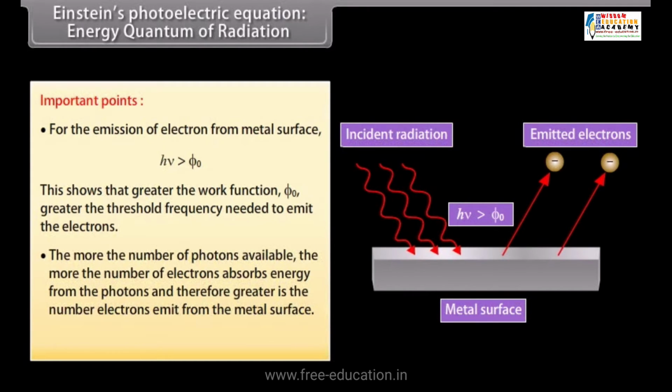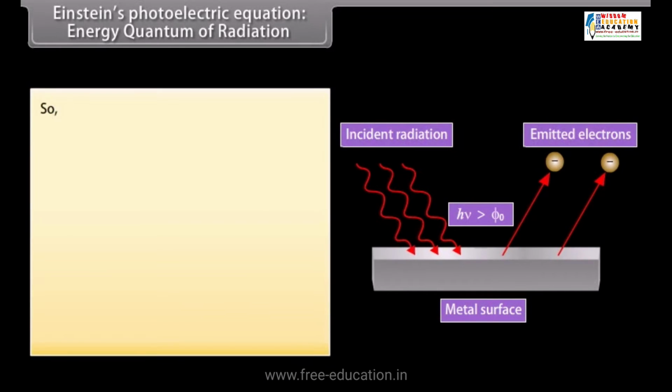The more the number of photons available, the more the number of electrons that absorb energy from the photons, and therefore greater is the number of electrons emitted from the metal surface. We know that Kmax equals eV0 and Kmax is equal to hν minus φ0. So, hν minus φ0 is equal to eV0. eV0 is equal to (h/e)ν minus φ0/e.